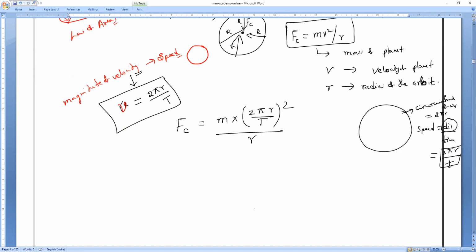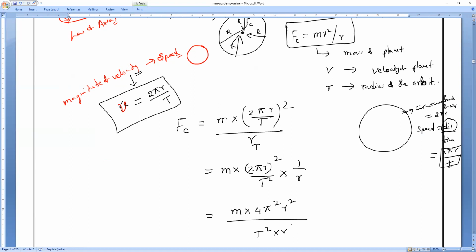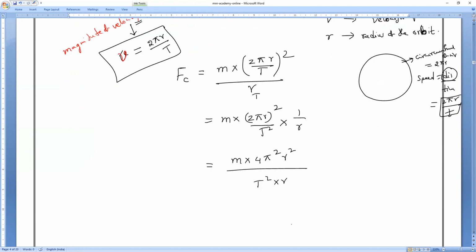So I write it as m into 4 pi square r square divided by T square into r. Till here, anybody having doubt, you can ask. Are you clear, everybody?